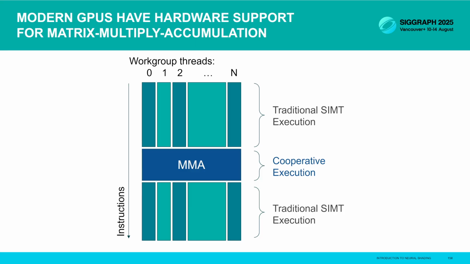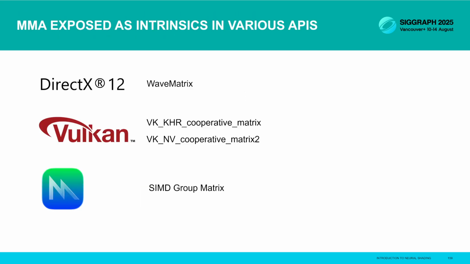However, when you use the tensor-core to do the matrix multiplication, all your shader threads will operate cooperatively to compute the matrix. This means that your shader needs to explicitly switch to cooperative execution from traditional SIMT execution mode during the MMA calculation. The hardware-accelerated MMA operation is exposed in various graphics APIs.